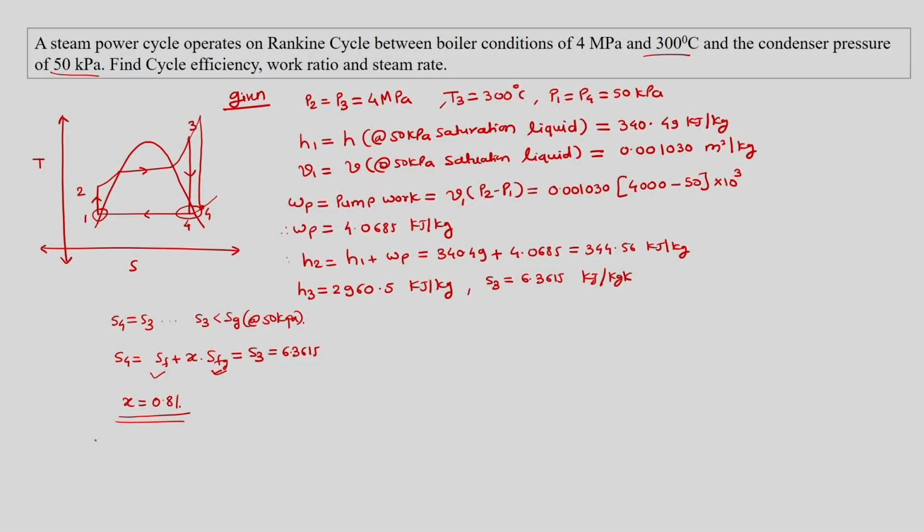Knowing this dryness fraction, we can find out H4 as H1 plus X4 into Hfg, where H1 is 340.49 plus 0.81 into Hfg.